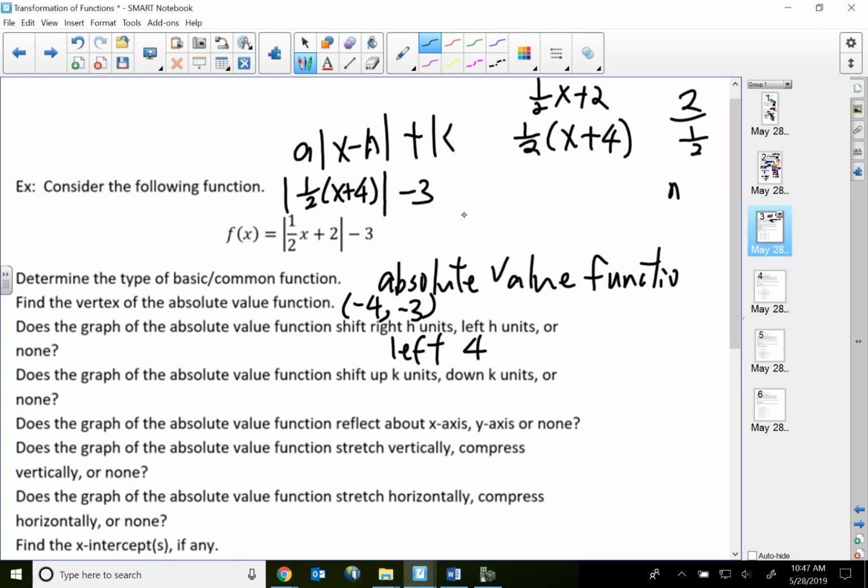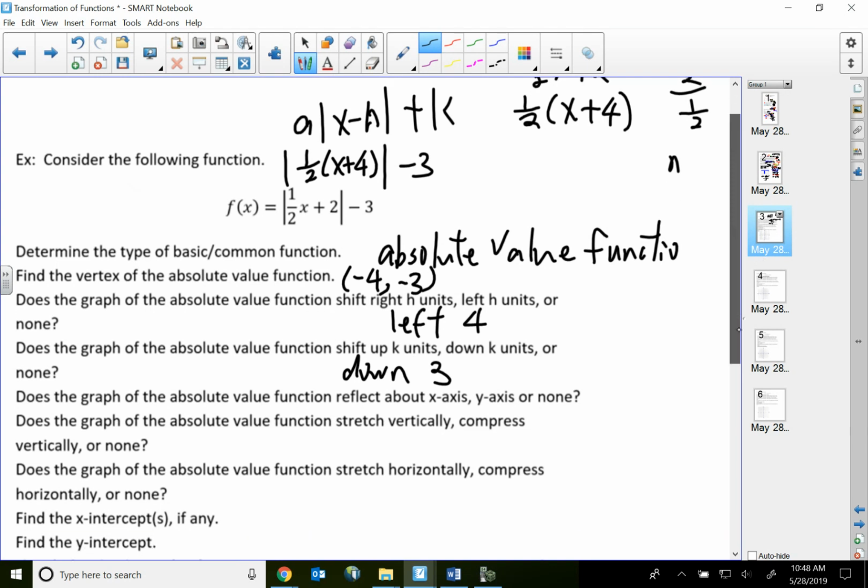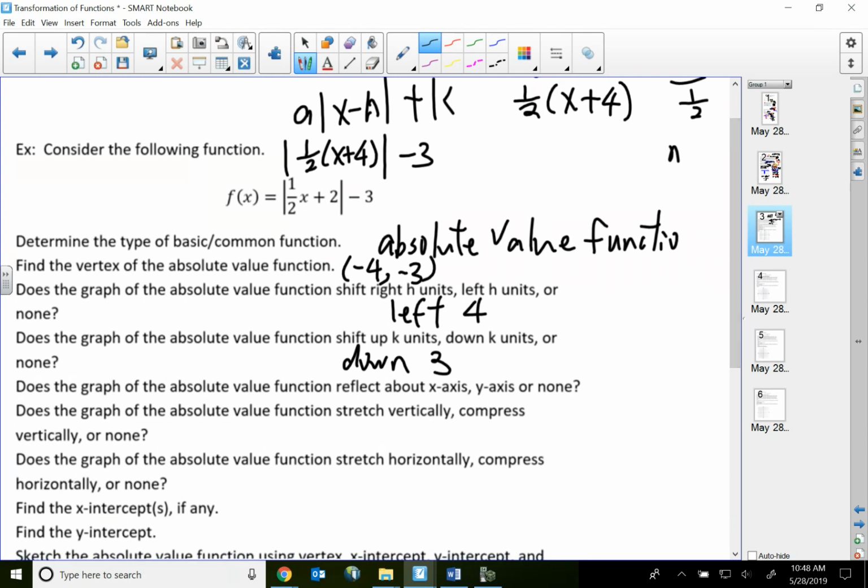The vertex, the bottom of the V, has shifted to the left 4, and my vertical shift is down 3 units. So by knowing the vertex, that also tells me my horizontal and vertical shifts.